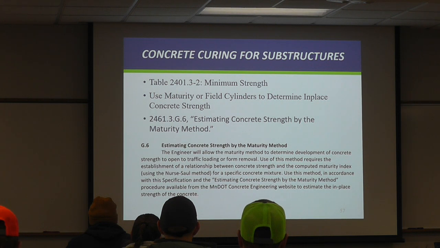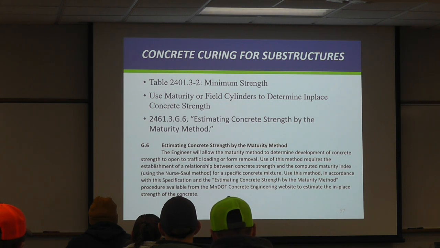And I think when Jacob Gave comes in next week, and he's in on Monday, he'll talk perhaps a little bit more about that, the maturity method. But essentially it helps us control what the strength is. And so there's just the spec here about maturity method, that engineer will allow maturity method. So this is kind of a change in the spec in the fairly recent past.